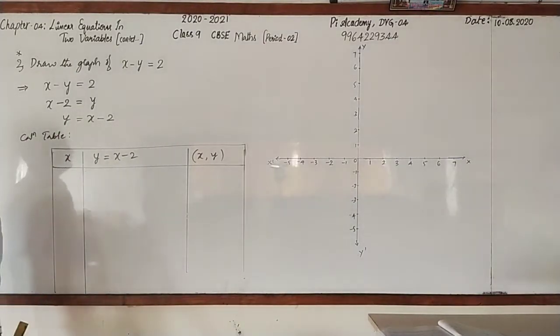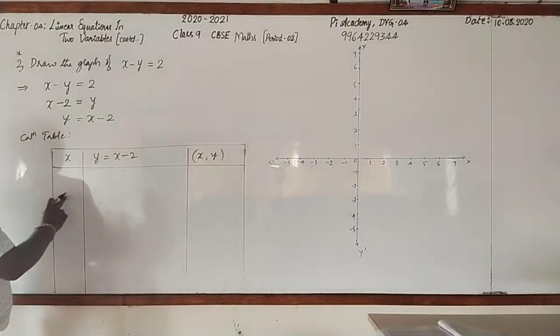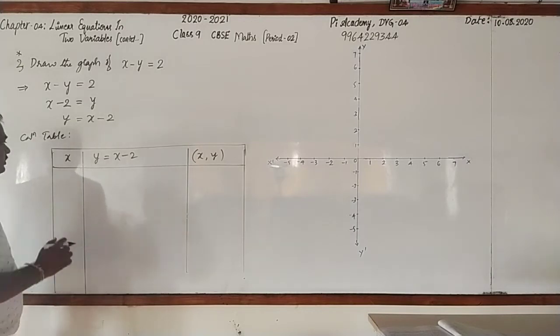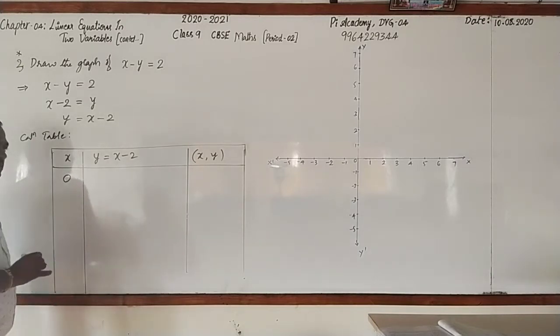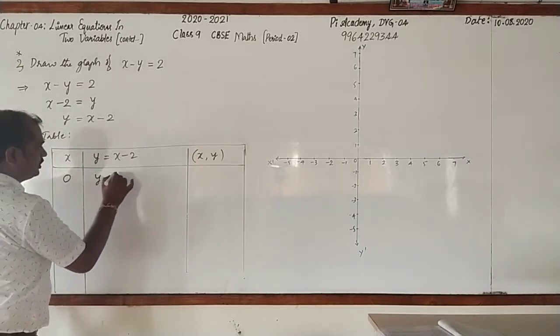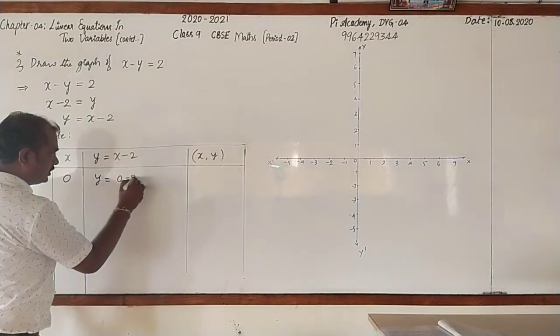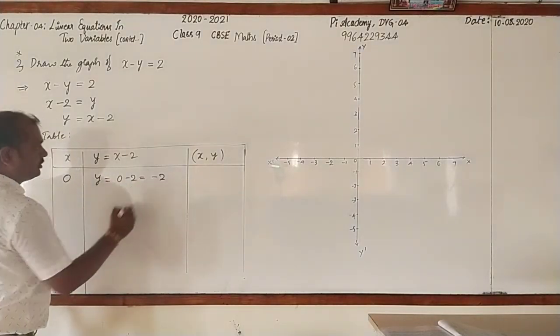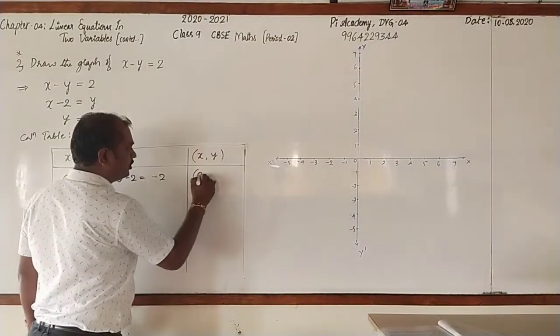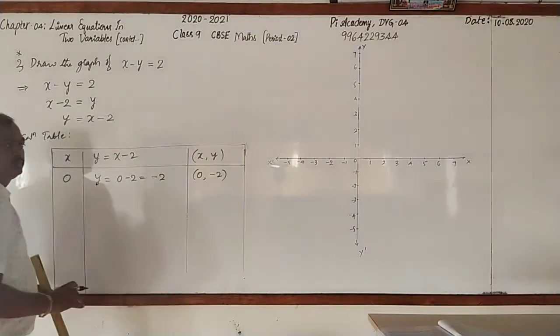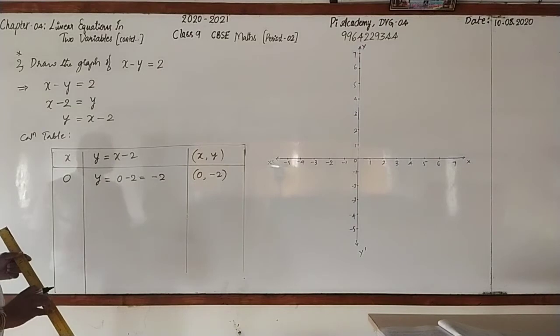Now let us go for finding the coordinate points. Take substitution for x. Please write with me. What is x? 0. Then y is equal to 0 minus 2. What is 0 minus 2? Minus 2. When x is 0, y is minus 2. Have you got the same? Yes.